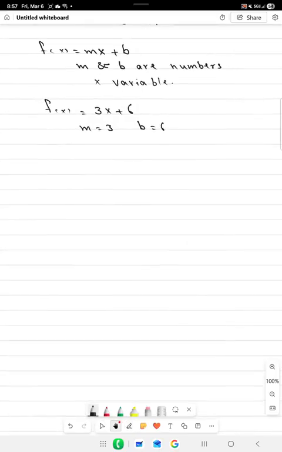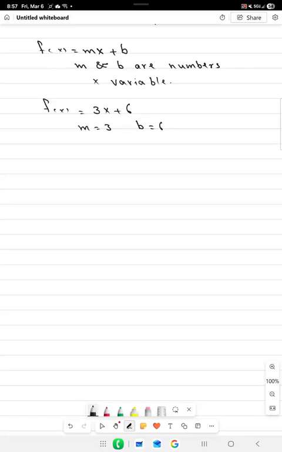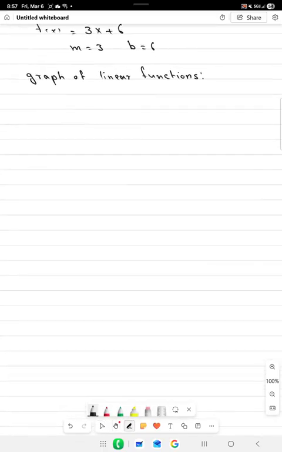Now, why linear functions? First of all, let's talk about the graph of a linear function. As you see, the name is linear. The graph of a linear function is always a line.